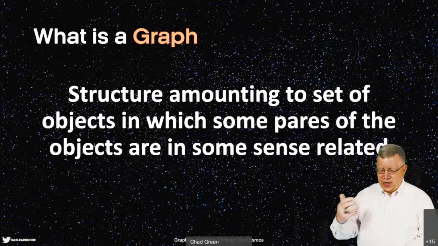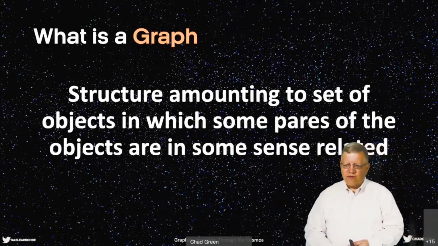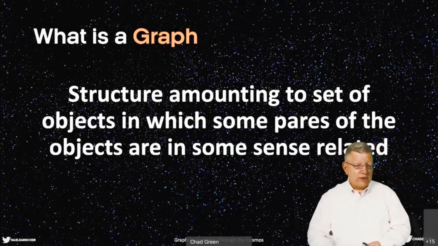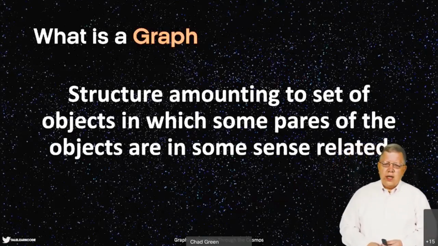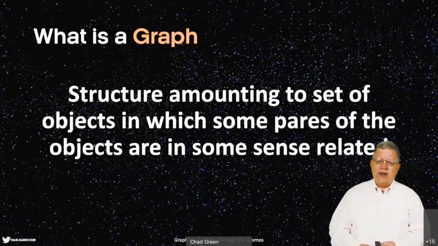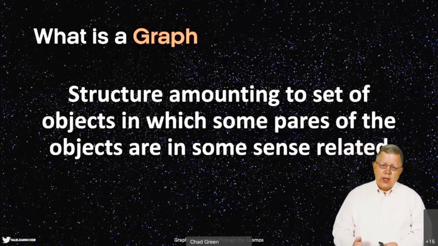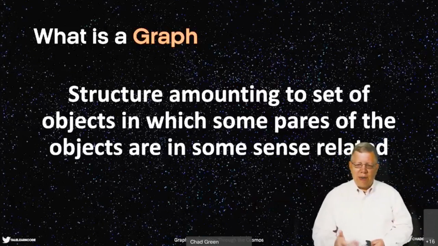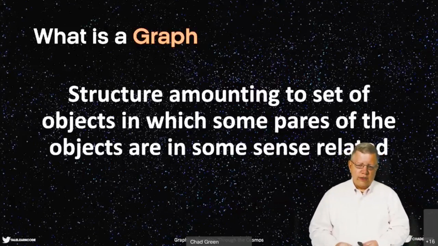For those who are not mathematicians, that's the study of mathematical structures that are fundamentally discrete rather than continuous. By definition, a graph is a structure amounting to a set of objects in which some pairs of objects are in some sense related. These objects correspond to mathematical abstractions called vertices, and the related pairs of vertices are called edges.